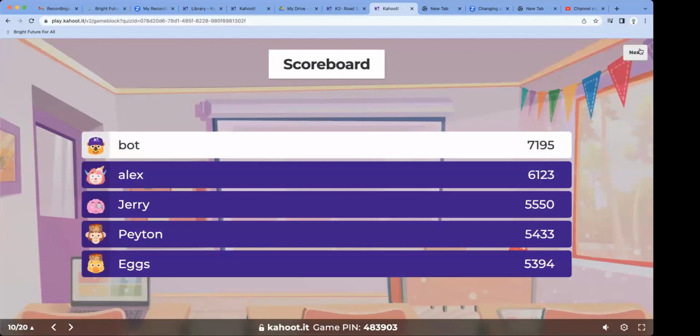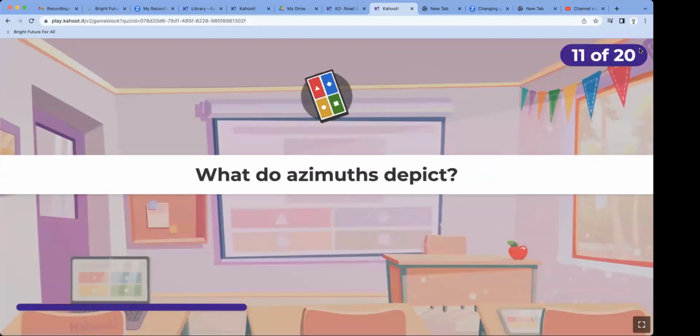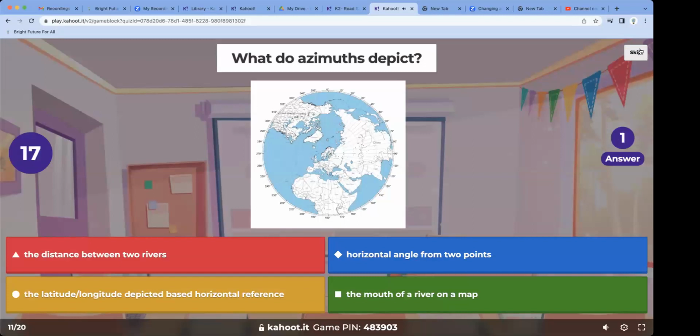The next one I'm not gonna skip, even though we didn't talk about it, but I just want to give a brief explanation. If you want to learn more, search it up, but the answer is horizontal angle from 2 points. It's very complicated. I know people I've done Science Olympiad with who still don't get it.